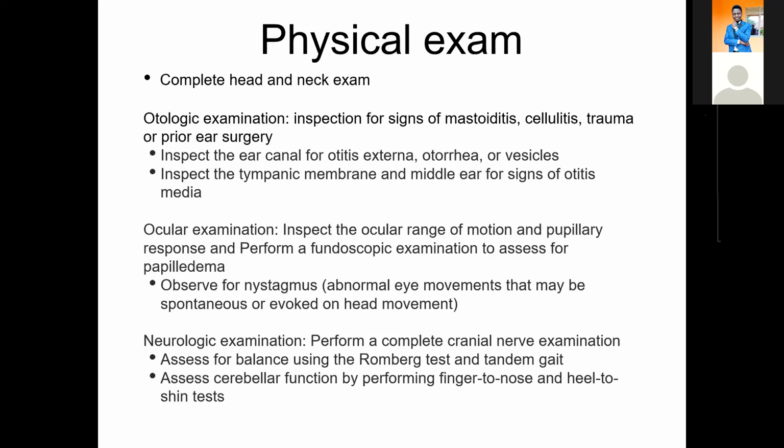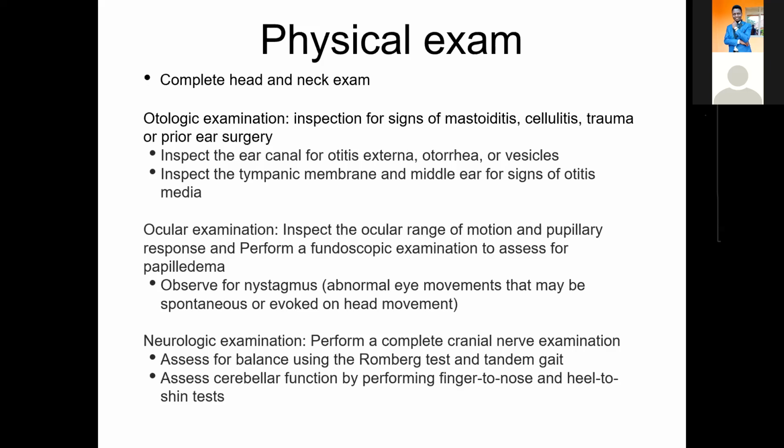Then the neurological exam: you perform a complete cranial nerve exam. We saw that cranial nerve 8 can be involved, 7 can be involved, and other neighboring nerves in the petrous apex, like the abducens nerve. Then you also assess for balance using Romberg's test and tandem gait.